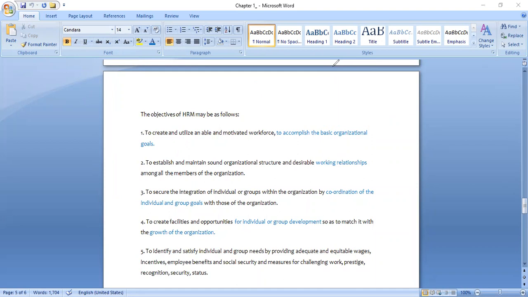All right. Another objective of human resource management is to establish and maintain sound organizational structure and desirable working relationships. We shall be later looking at the organizational structure, right?